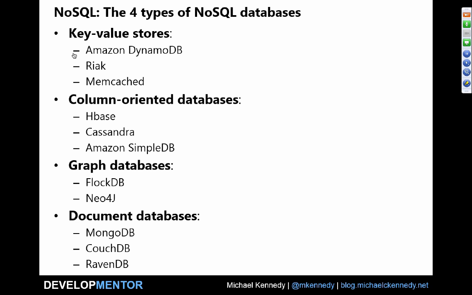Companies like MongoDB believe they are building general purpose databases for the next generation, and by that I mean they can basically serve as regular databases. They can be your database. In fact, at Developmentor, that's what we've done.